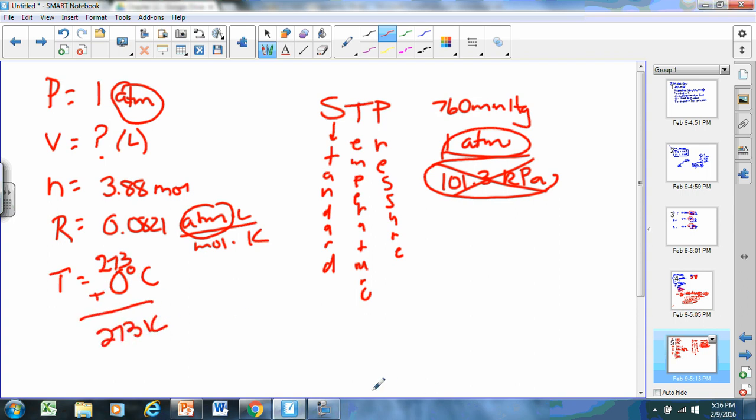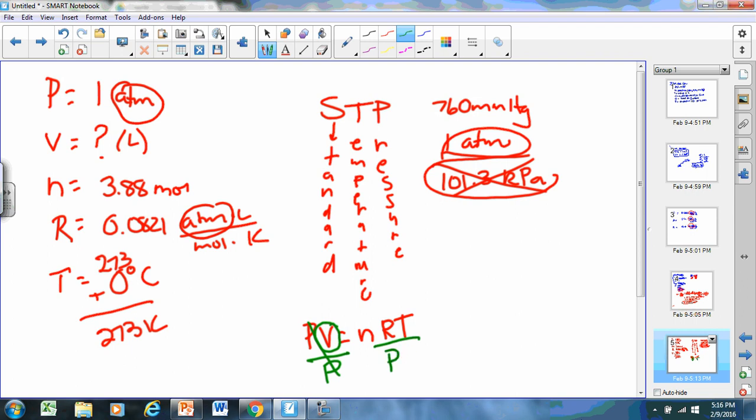And so now I'm going to come down here and I'm going to do my PV equals nRT, the pervert equation or the perv nerd equation. I'm going to switch to green this time. I need to isolate P, sorry, I have to isolate V. So I have to divide by P, but in algebra, if you do something to the left, you have to do it to the right.